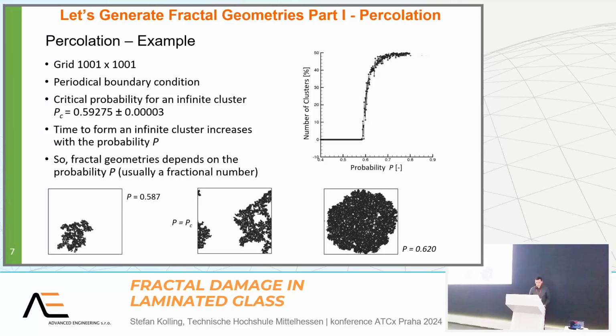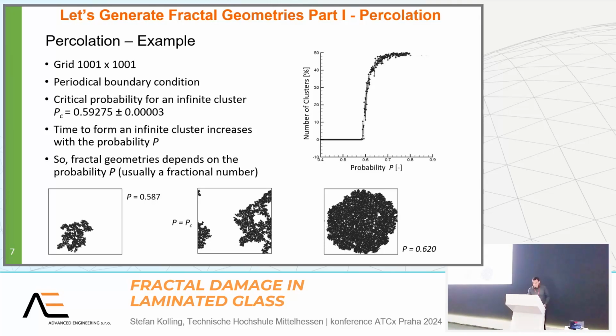Finally, when we are higher than the critical one, we have an infinite cluster, but only if we consider periodic boundary conditions. Then we have a cluster going to the top, and in this upper area it goes to an infinite cluster.